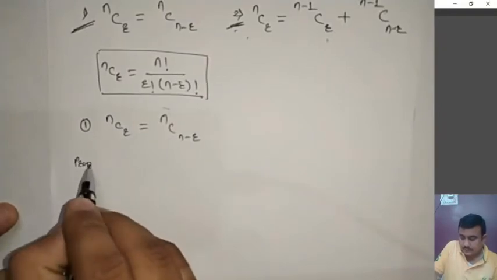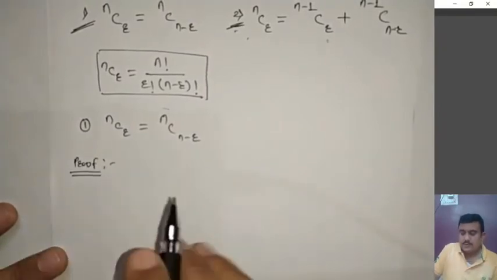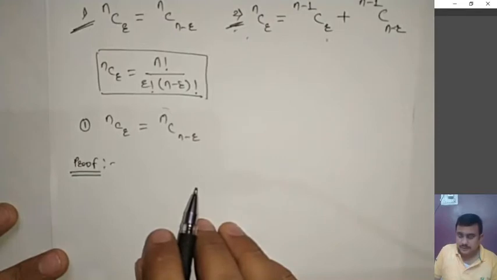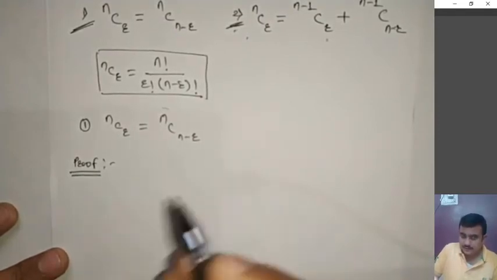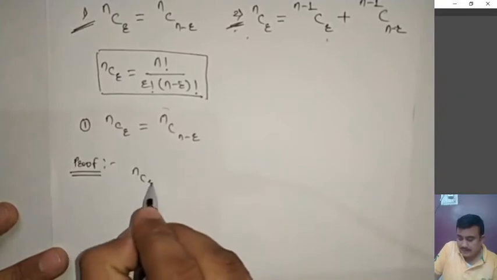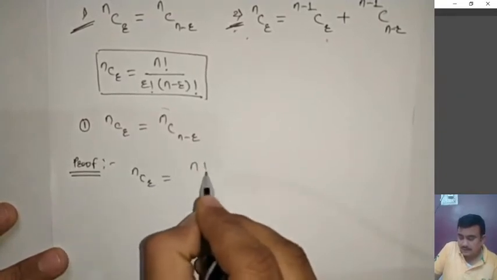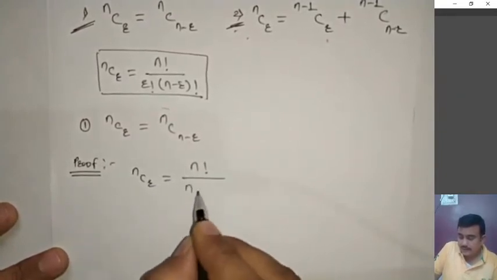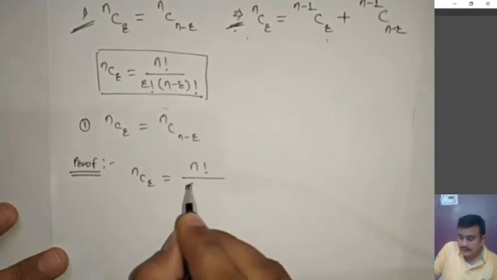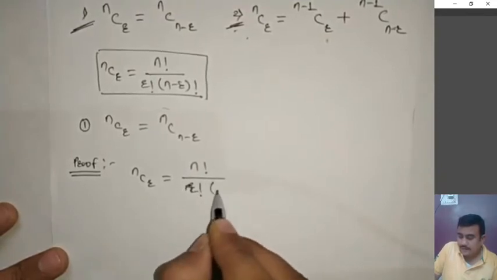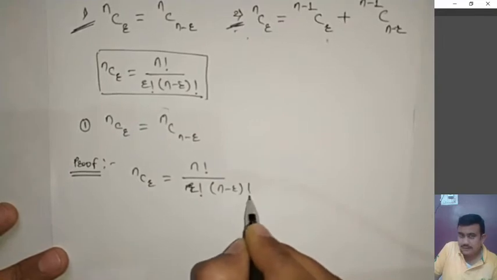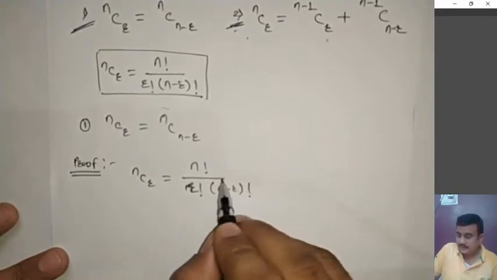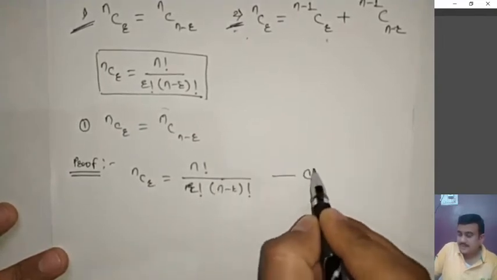So to prove this property, first we write the formula of combination, that is nCr equals n factorial divided by r factorial times (n minus r) factorial. Represent it as equation number 1.